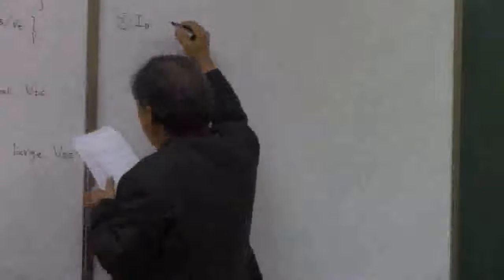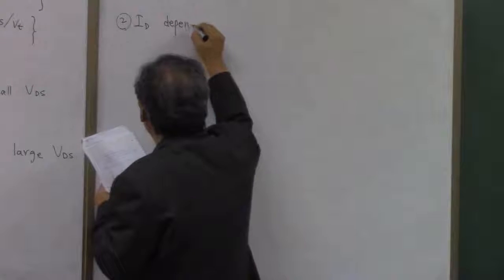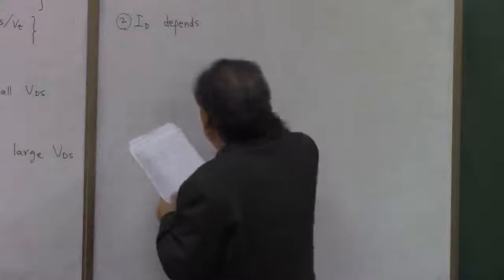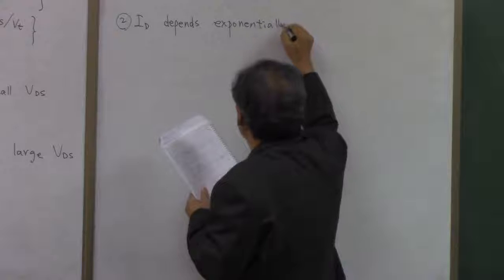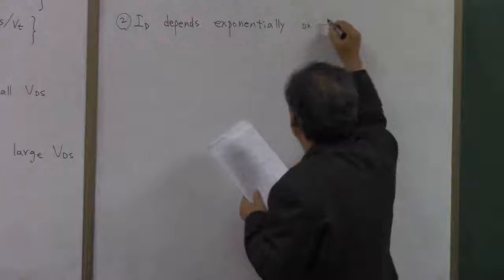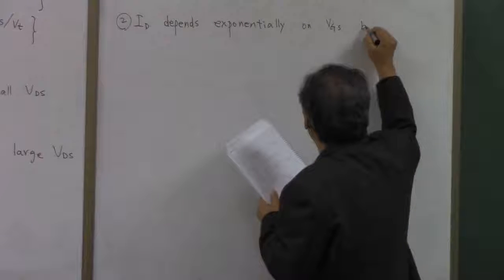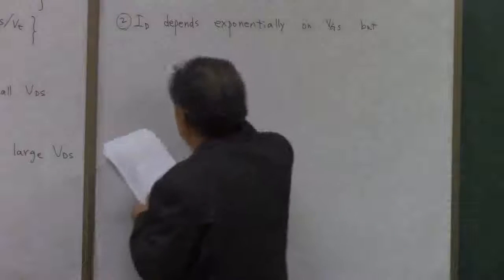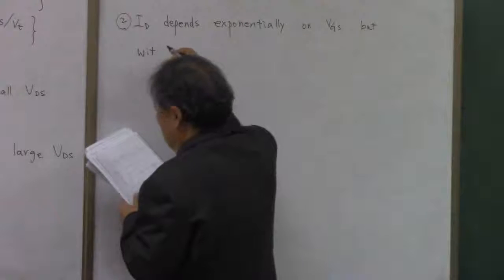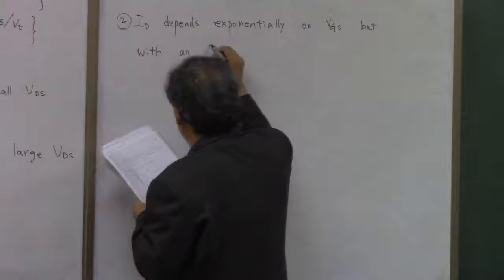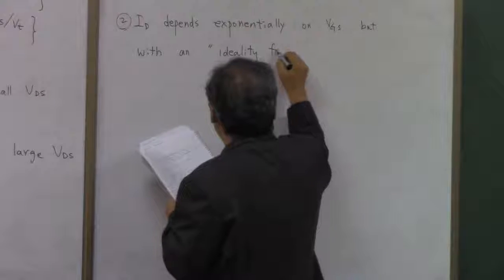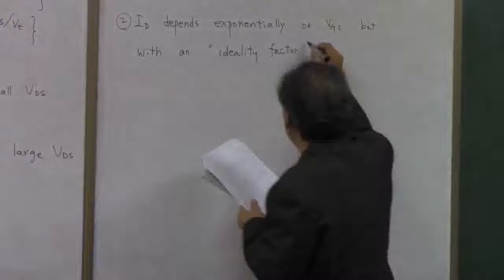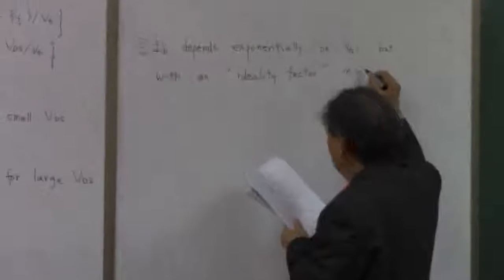And with this equation, we can also see that ID depends exponentially on VGS, but with an ideality factor n greater than 1.